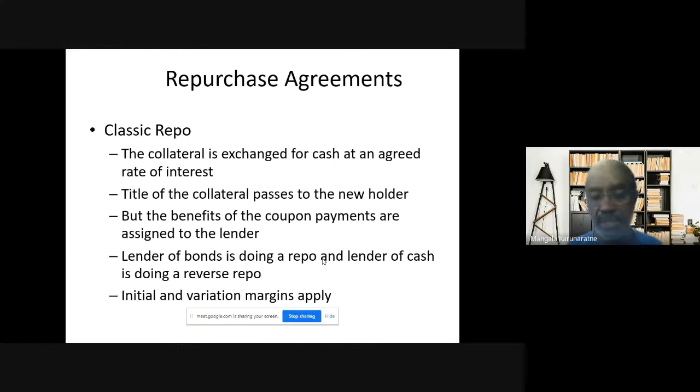Same transaction. Now say, as banks, we do both repo and reverse repo. But a very familiar one for the customers, they say we want to do a repo, right? When they want to do a repo, in fact, they give us cash and we give them securities, right?